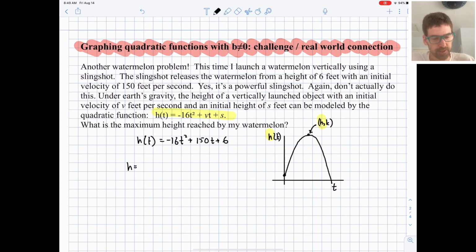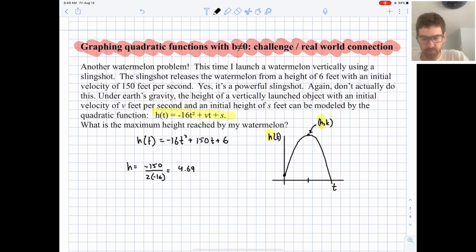So h, in other words, the x coordinate of the vertex of my parabola, is -b over 2 times -16. So I think I'll get a decimal. I'm going to go to my calculator for this. So I get 4.69.